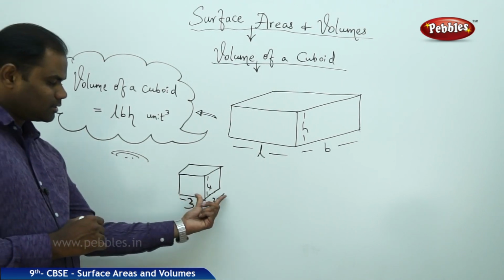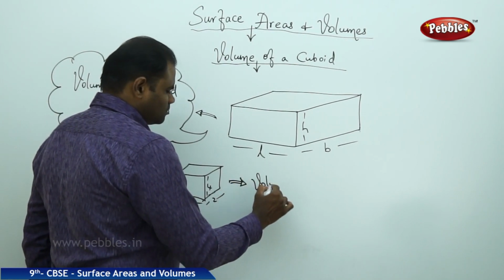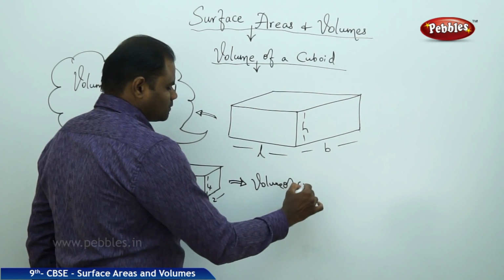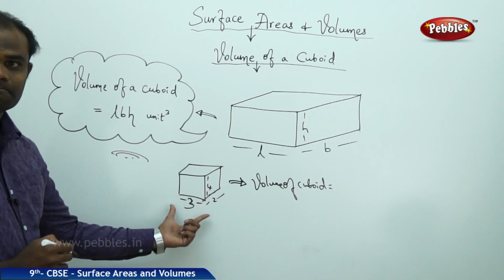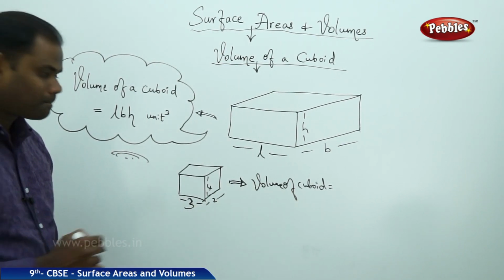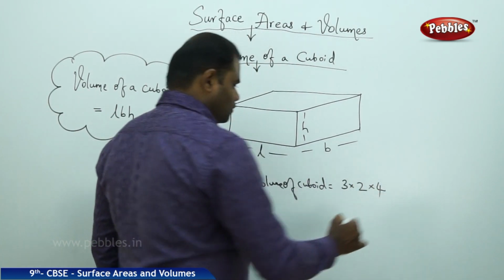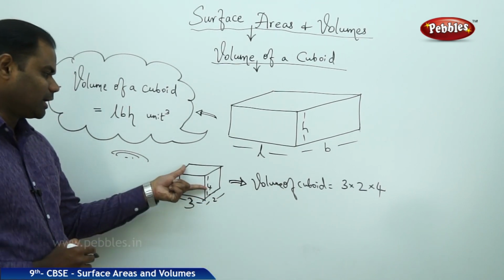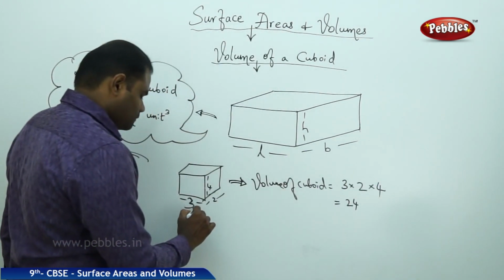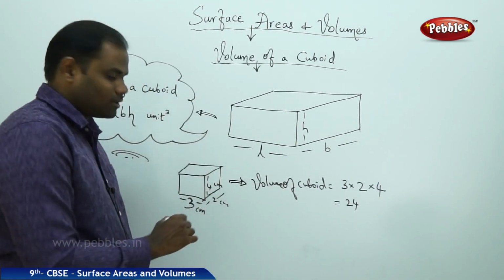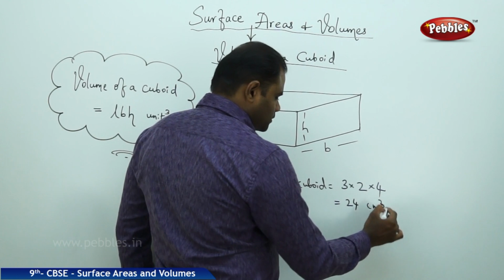Then the volume of the cuboid is given by the formula length into width into height, that is 3 times 2 times 4. Because my length is 3, width is 2 and height is 4, I get 3 times 2 is 6, 6 times 4 is 24. And if the dimensions are in centimeters, then the volume is in centimeter cube.